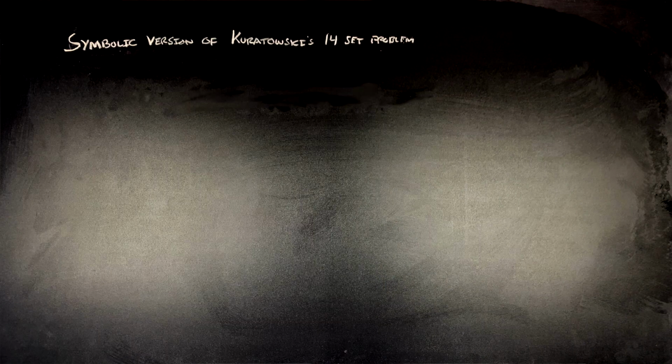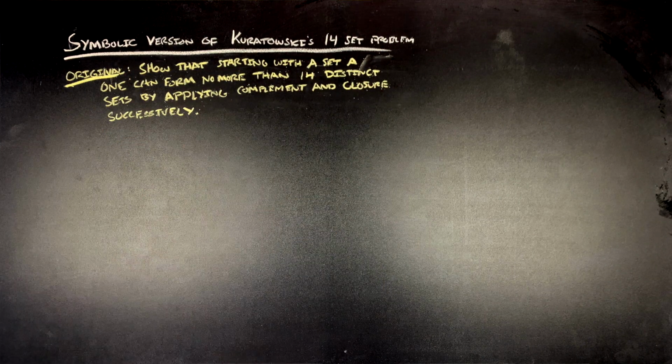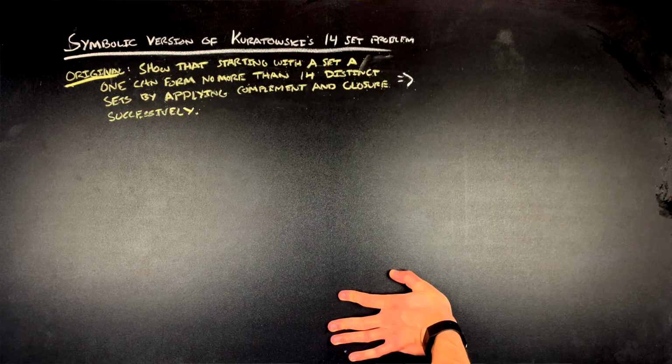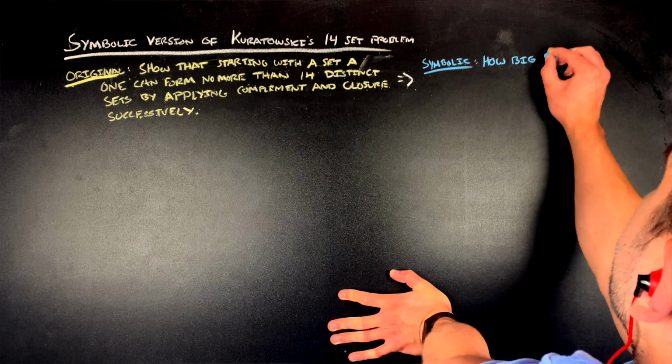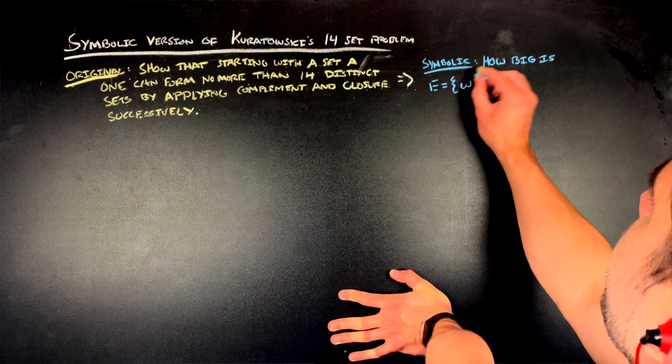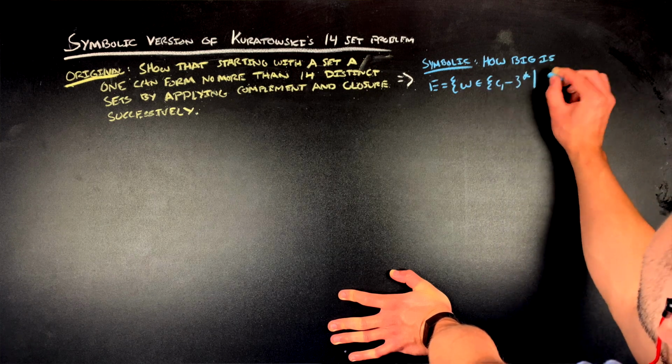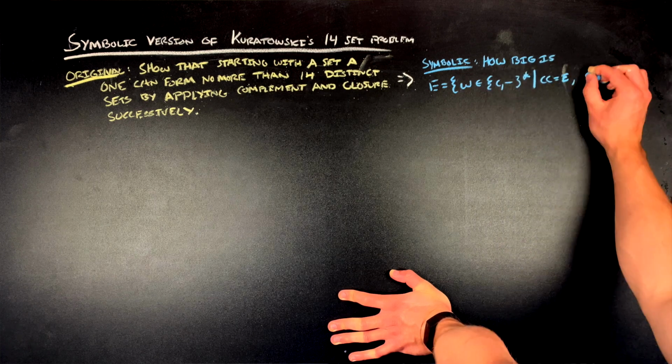So now that we have some notation behind this less than or equal to sign with respect to closure and complement operations, we can go ahead and start thinking about Kuratowski's 14 set problem in a different way. When we look at the first statement, it's just asking us to look at the finite strings of our operations, C and bar, with a collection of possible reductions of those strings. In other terms, the first part asks us to find the size of this set.